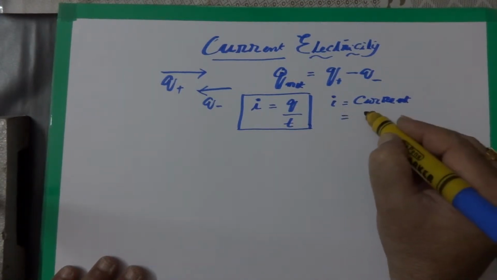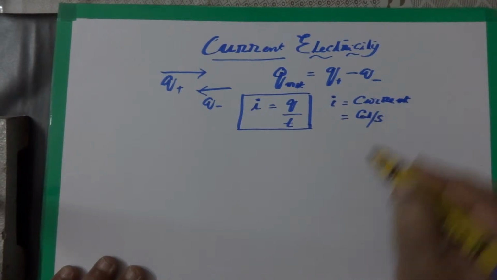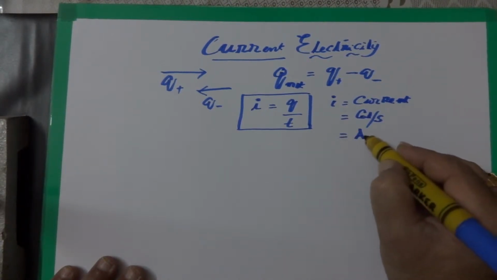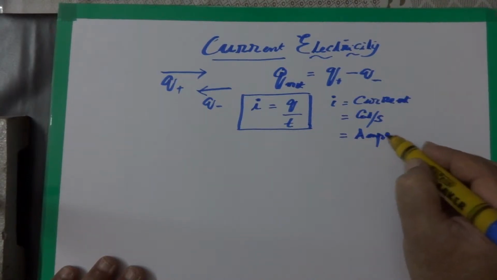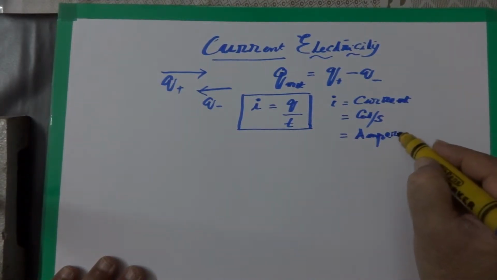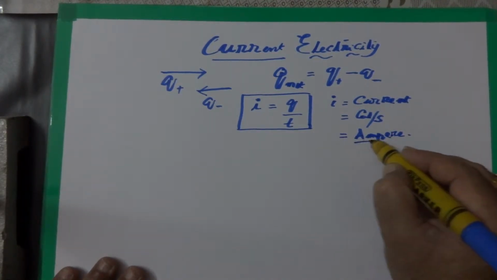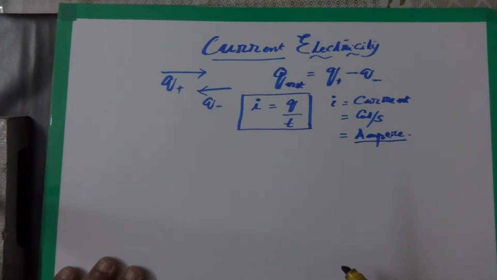The unit of I must be coulomb per second, and this is named as ampere after the scientist Ampere. So the SI unit of current is ampere.